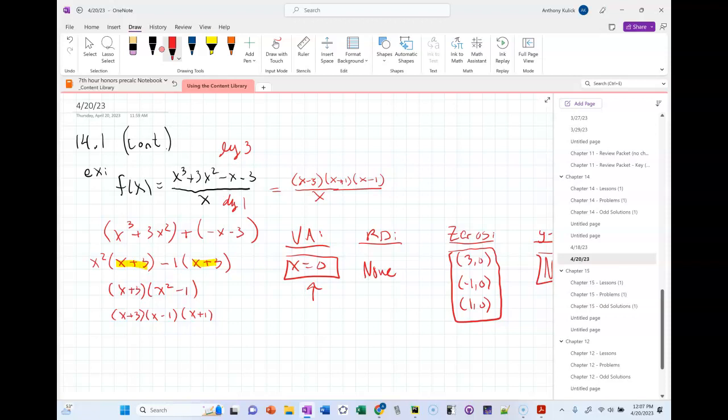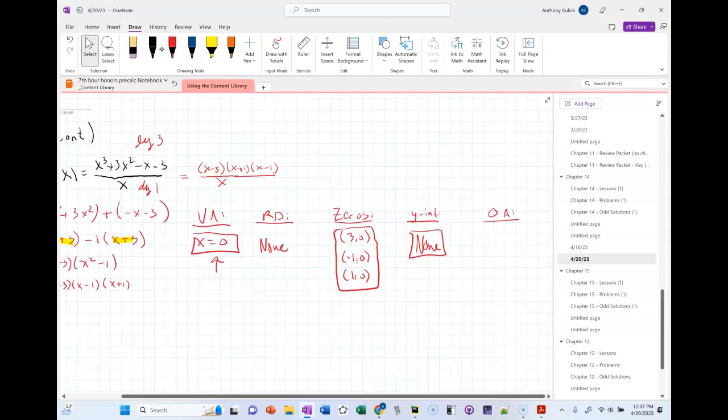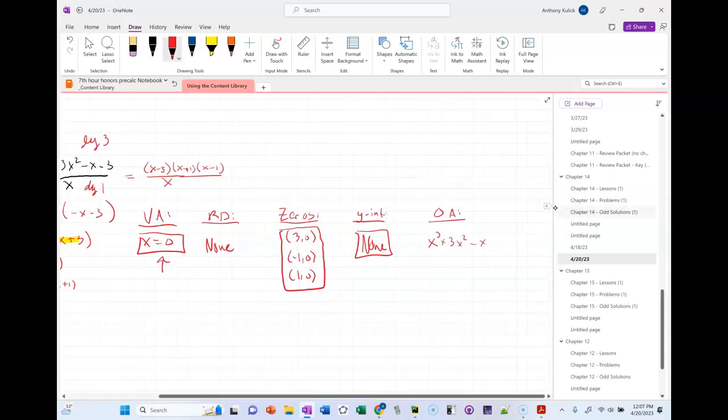Now, how am I going to do that polynomial division for x cubed plus 3x squared minus x minus 3 divided by x? You could do long division, although I think it's going to be easier if I do something else.